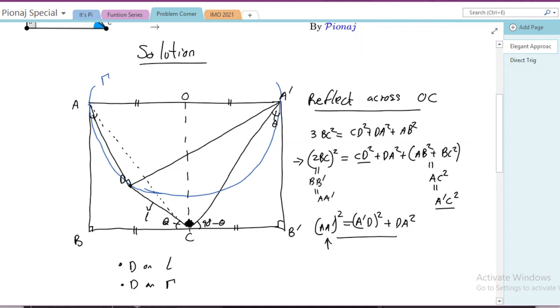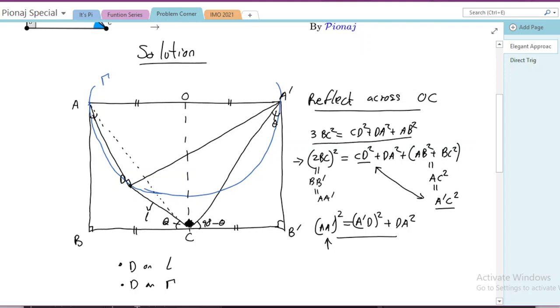So we can still use Pythagoras theorem as we did here, connecting these two, and we can break it apart as well. Every one of these steps can simply be reversed. Once we get A prime C, it's the same as AC by the reflection, which still holds, and then that's just AB squared plus BC squared, and take the square root of that. So we get back to this formula.